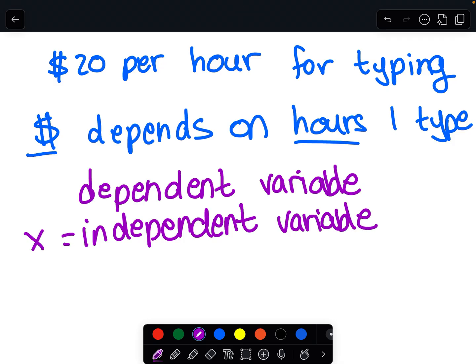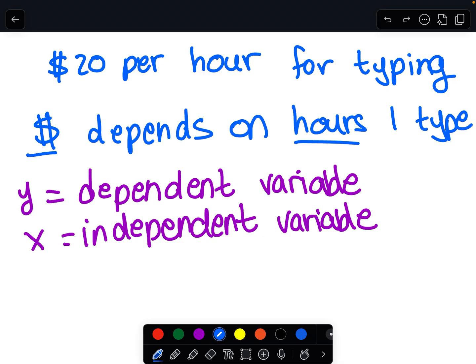X denotes the independent variable in linear functions, and Y denotes the dependent variable. And one way to know which one is the dependent variable is that there is the word depend right at the beginning of the word dependent. So that usually helps.